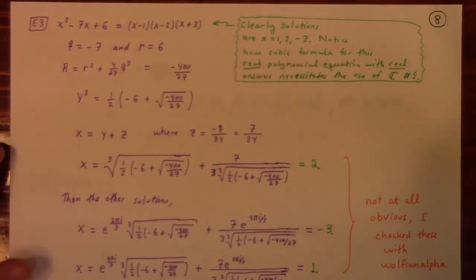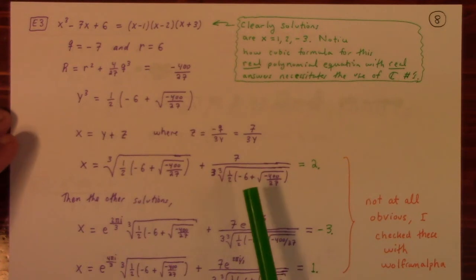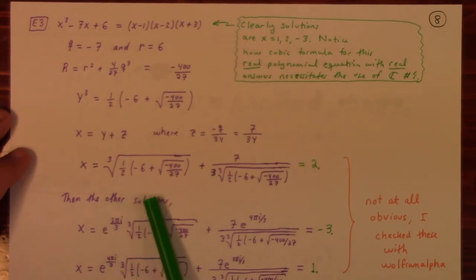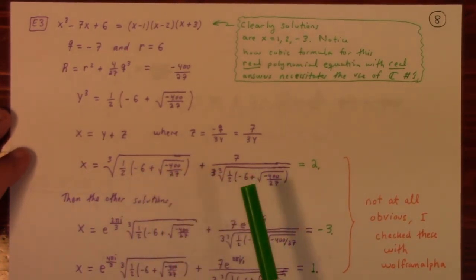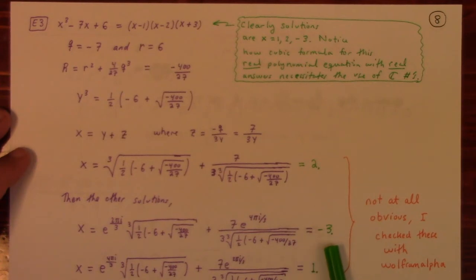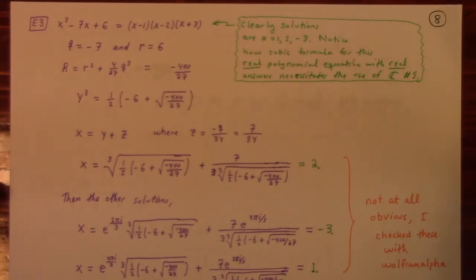Threes aside, you get this plus this, and the other two solutions, multiplication by omega and omega squared, give you these. I stuck these in Wolfram Alpha just for my own personal curiosity, and this works out to 2, this works out to minus 3, and this works out to 1. Is that at all obvious? I don't think so, but there it is.